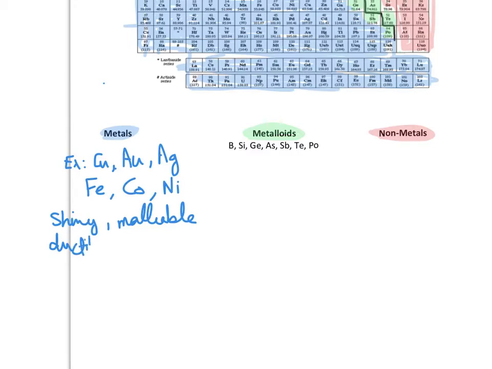That means you can pull them into a wire. So lots of the wires that we have are metallic. They conduct both electricity and heat. So that's why our pots that we cook with are metal, so they can conduct heat. That's why our wires for computers and electronics and things like that are metals, because they conduct electricity.